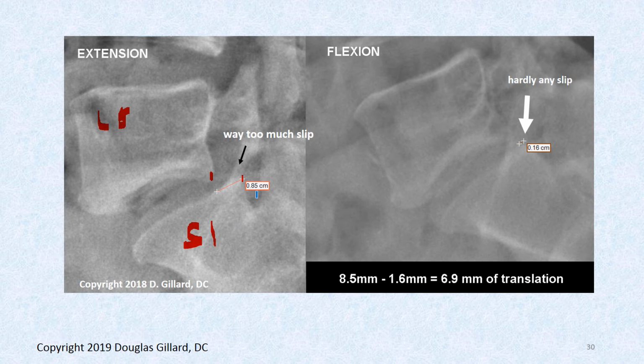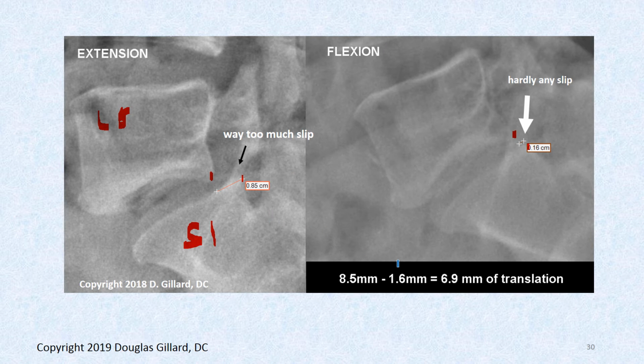It squirted 0.85 centimeters. Then, when we flexed her forward, if this would have stayed put, she would have been stable, but it didn't. It slid all the way back here. So now it's down to 0.16 centimeters, or you could say 1.6 millimeters, and this was 8.5 millimeters.